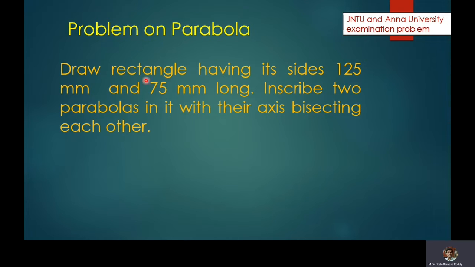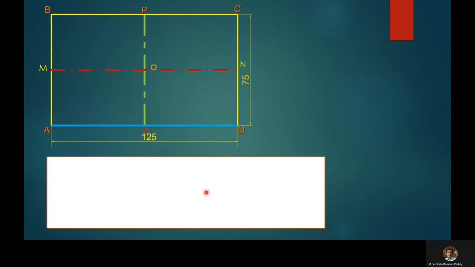That is, here we have to construct the rectangle. Within that rectangle, we have to draw two parabolas and their axes bisecting each other. The rectangle dimensions are 125 and 75 mm. With 125 and 75 mm long, we have to draw the rectangle, and then MN is one axis and PQ is another axis. These two axes are bisecting each other.